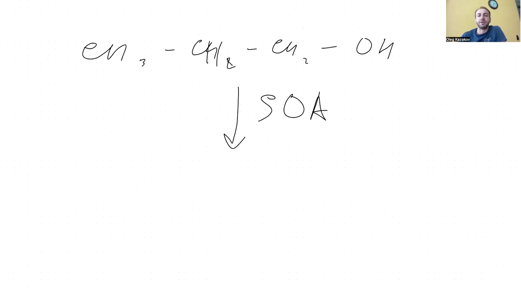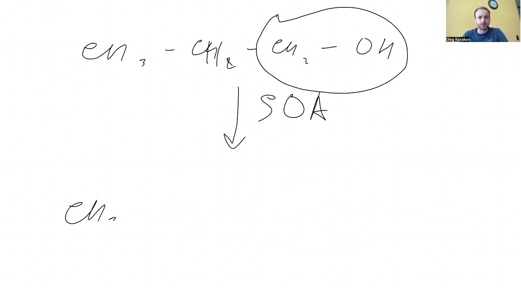So here we'll have a little bit different situation. This locus will be turned into the carboxylic acid functional group. Look, CH3, CH2, CO, OH.